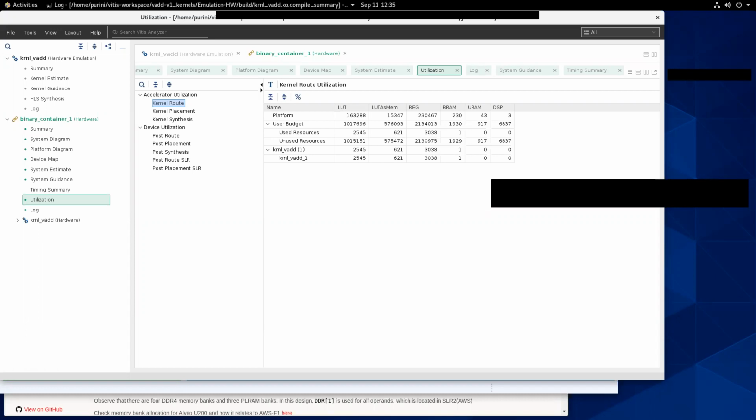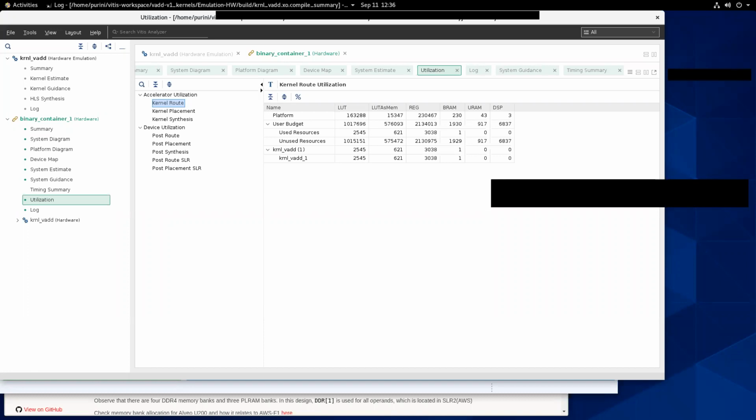Also, right now we are using integer data points. Instead of integers, if you use 32-bit floating point representation and perform the same design, we should see how the DSP utilization changes.